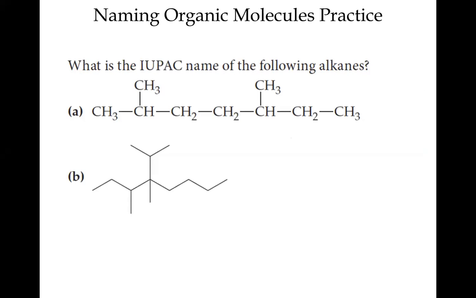Okay, all right. So let's take the first one. Let me get my drawing thing. Okay, so the longest chain is clearly going to be this thing at the bottom, right? And I am going to number it left to right.